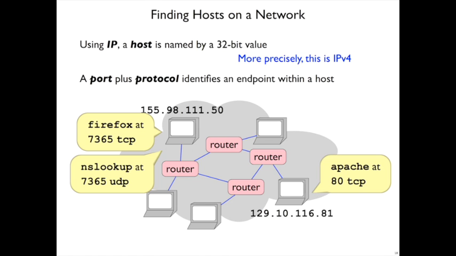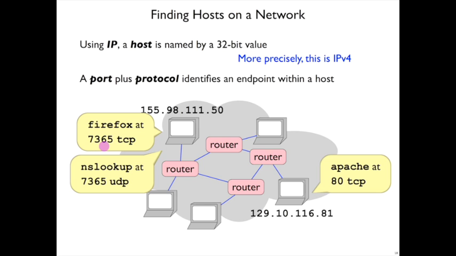A particular process resides on a host. So if this is a machine, there can be multiple processes, each trying to communicate with other processes over the network. For example, I might be running Firefox on this machine, so it's going to send information to some web server, like this one here, and it's going to do so by using a TCP channel that is identified not only by the host address, but also by a port number.